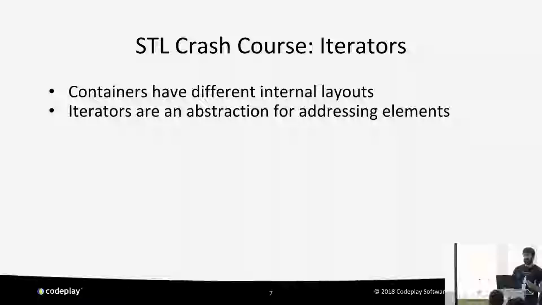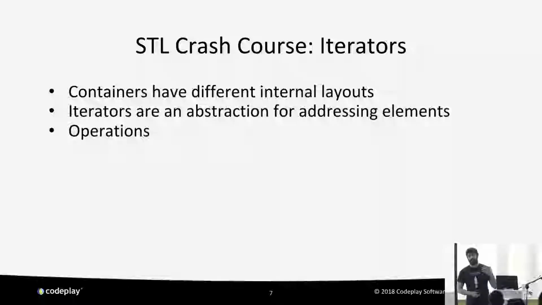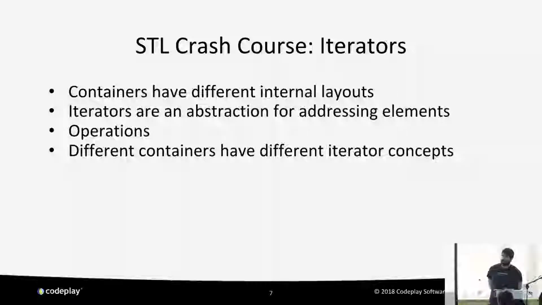And iterators have a number of different operations. The most important ones are accessing elements, which we call the source function, and the successor function, which takes us from the current element to the next element. Now, not all iterators have the same operations. For example, output iterators don't have a source function.